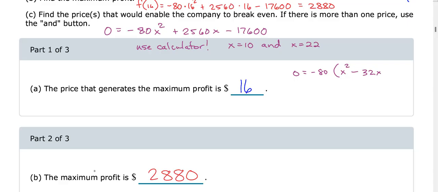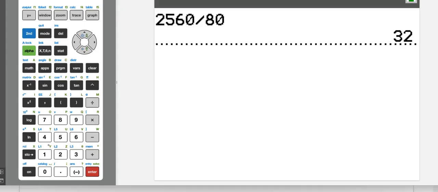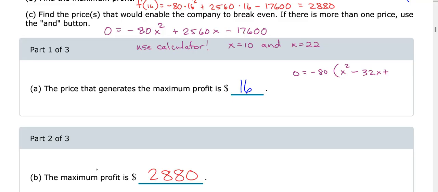And then plus 17,600 divided by 80 is 220. Now that second degree polynomial will factor to x minus 10 and x minus 22. I get x squared minus 22x minus 10x is minus 32x plus 220. So I get x equals 10, x equals 22.